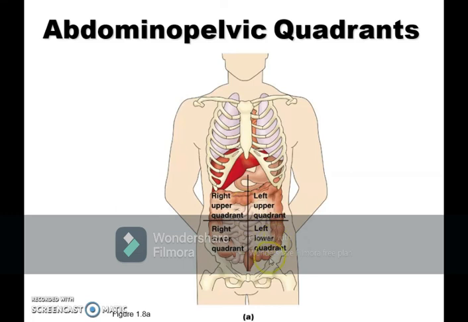The left lower quadrant houses the majority of the small intestine, some of the large intestine, the left female reproductive organs, and the left ureter. In the right lower quadrant sits the cecum, the appendix, part of the small intestine, the right female reproductive organs, and the right ureter.